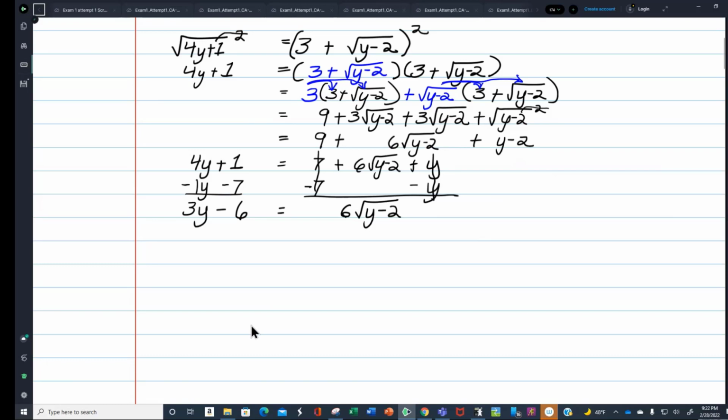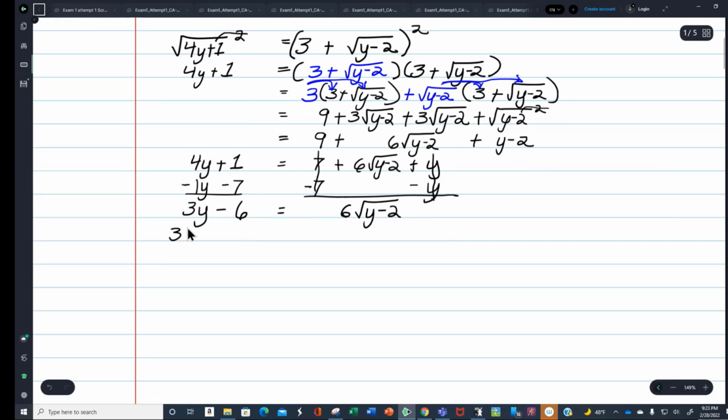It won't always happen, but here it has happened. There's a 3 in this term, and 6 is 2 times 3, so there's a 3 in this term, and 3 will go into that term.